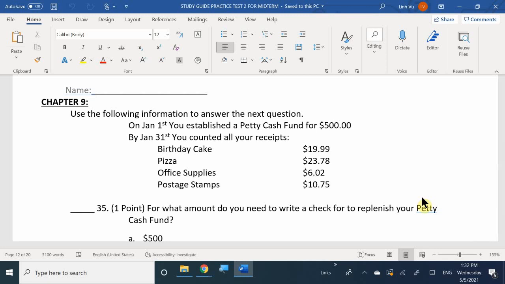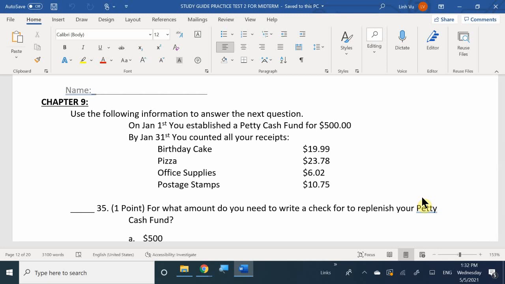Okay. So that means on January 1st, you establish a petty cash fund for $500. By January 31st, you counted all of your receipts, and here they are.